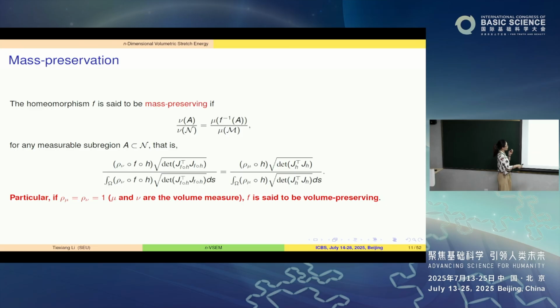So for any measurable subregion A, we substitute that formula to here, and we have this relationship. Particularly if the density is 1, all the concepts become volume preserving. So we have this relationship to represent the mass preserving. Okay, let's go on.